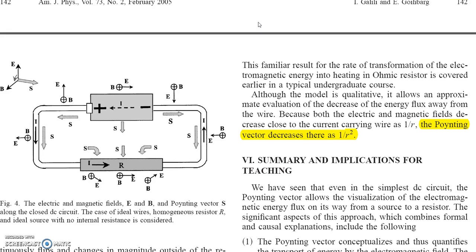Now the other paper that I mentioned, the Sefton paper, he comments on Chabay and Sherwood's surface charge account, which he thinks is great, and then he says, surprisingly, Chabay and Sherwood do not go on to give this pointing vector energy explanation, and he thinks they should have done that.